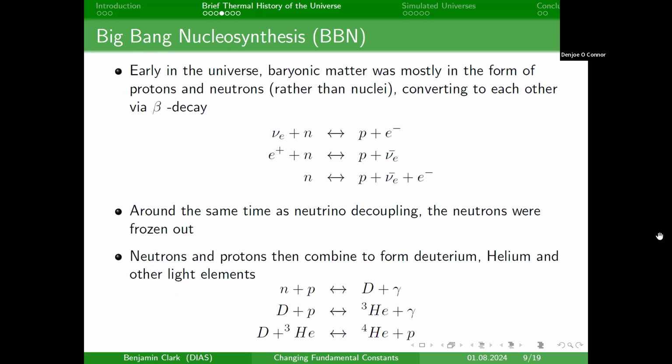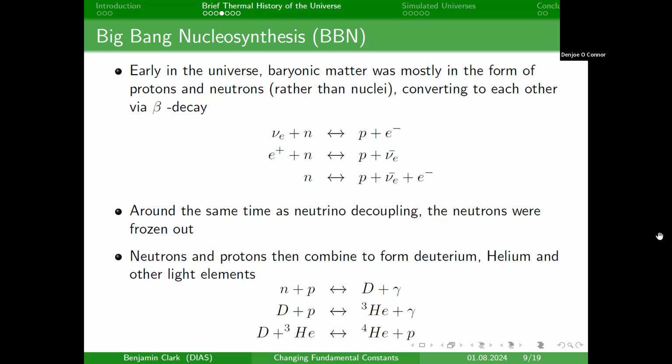So next we have the Big Bang nucleosynthesis, BBN. Early in the universe, baryonic matter, so protons and neutrons, was mostly in the form of actual protons and neutrons rather than combined as nuclei. And these would convert to each other via beta decay, again in thermal equilibrium, so it can go both directions.